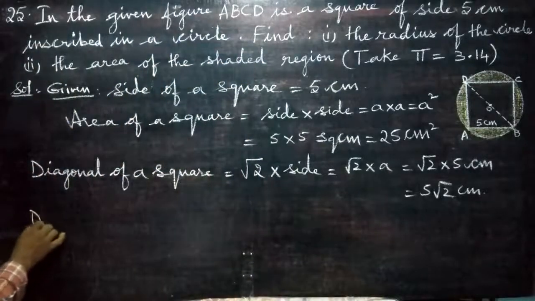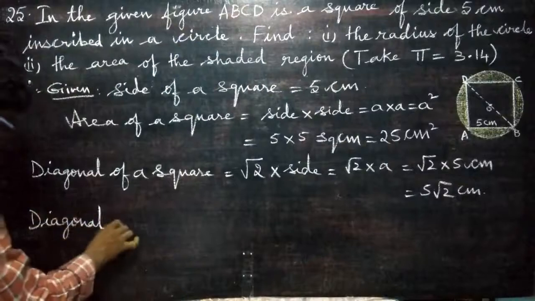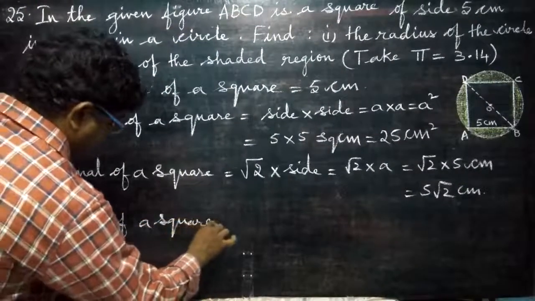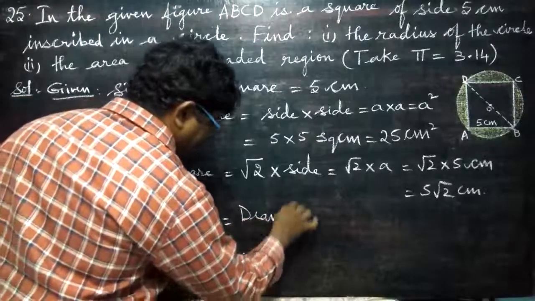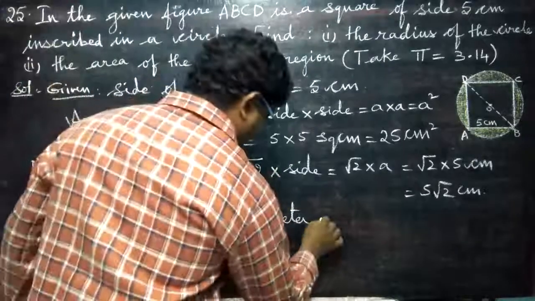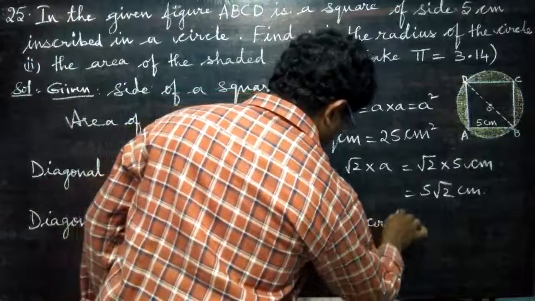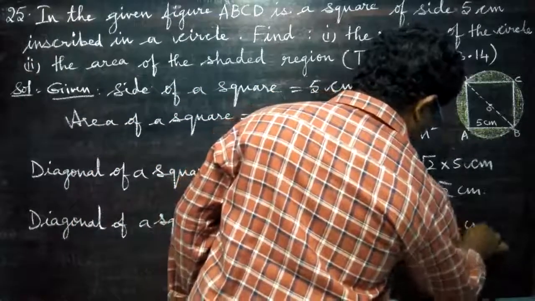The diagonal of a square is equal to the diameter of the circle, because the square is inscribed in that circle. So the diameter of the circle is 5 root 2 centimeters.